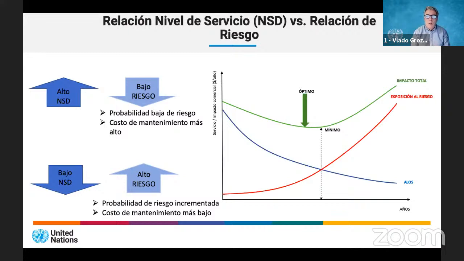So usually we ask ourselves, what is the optimal level, when we determine when is the real risk of the asset, so we can intervene in replacement or renewal of the asset. The optimal, if we look over the years, you can see this green line is not where the minimum is, it's just before that.